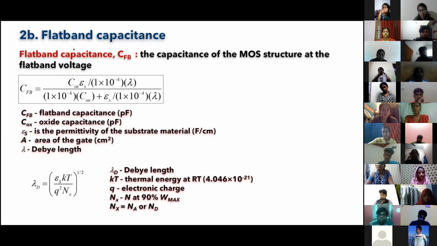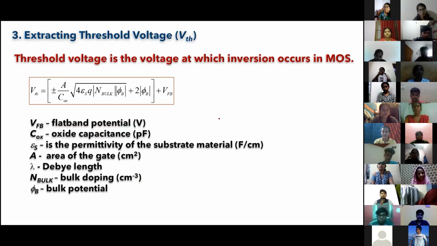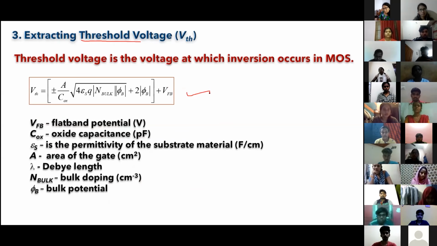Once you know the flat band voltage, you can straight away calculate the flat band capacitance from the graph or by using this expression. One more term here is the Debye length. By using this, you can calculate flat band capacitance. And if you want, you can calculate the threshold voltage also by using this formula.